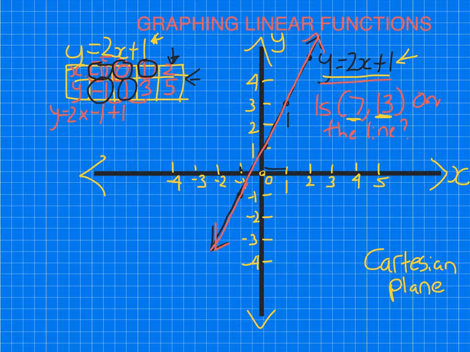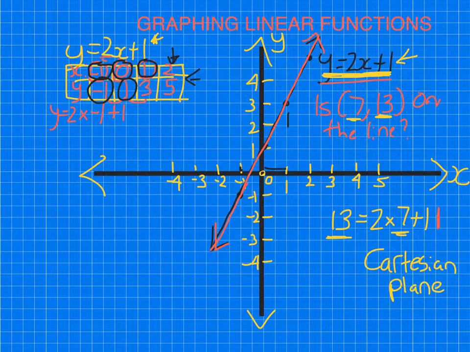So let's do that. So if I substitute y for 13, I get 13 equals 2 times x plus 1. So I've substituted y for 13 and x for 7. I've just taken this equation, but instead of writing x, I've written 7. Instead of writing y, I've written 13.